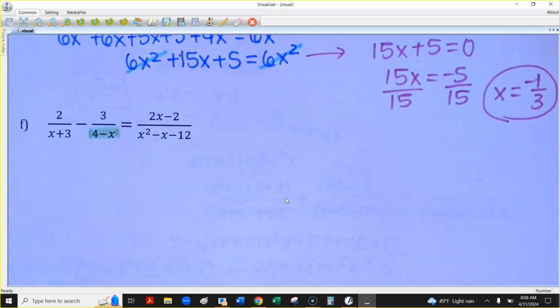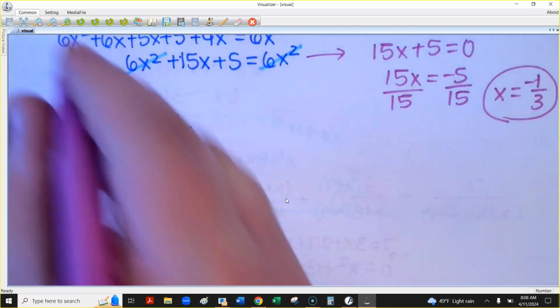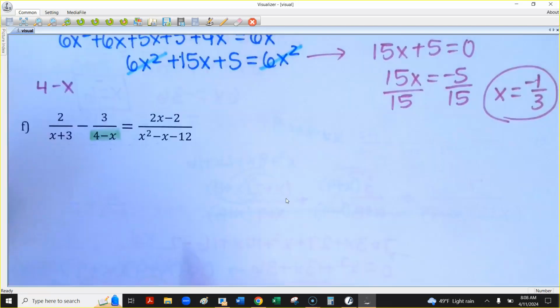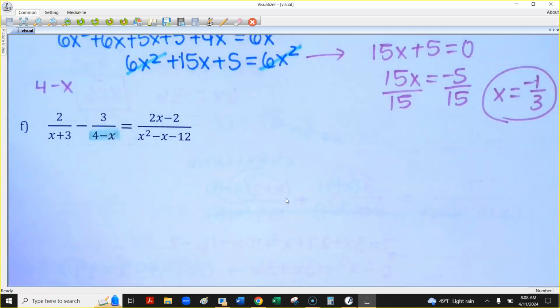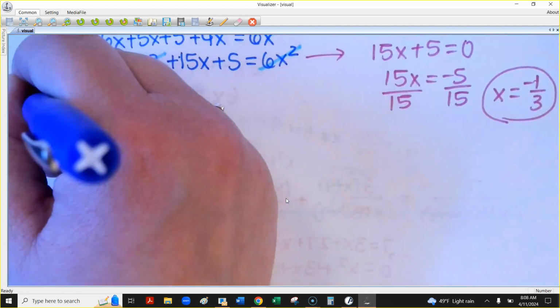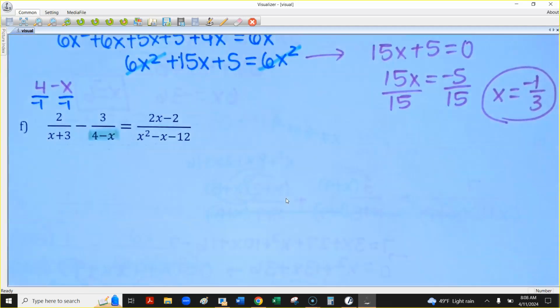I have the constant first and then I have minus x. If I have 4 minus x like this, not in standard form, you can, in any situation, divide both of those by negative 1.